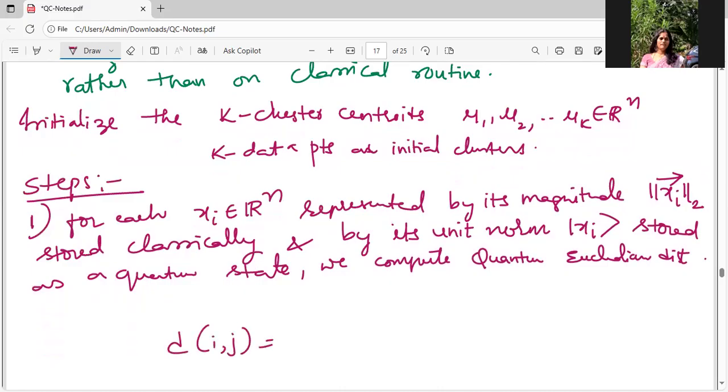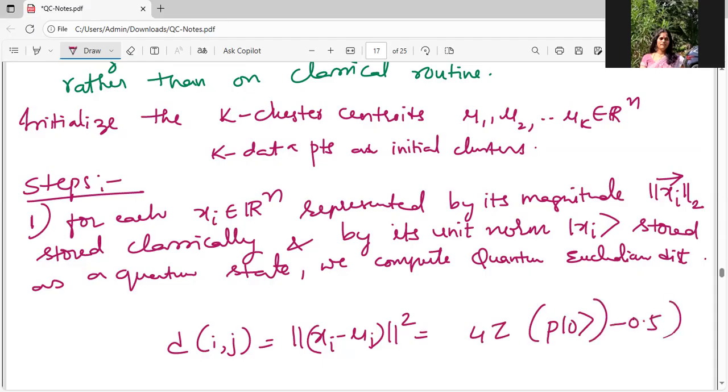Dij is equal to norm xi minus mu j, the centroid. This is equal to 4z p ket 0, probability of ket 0 minus 0.5.